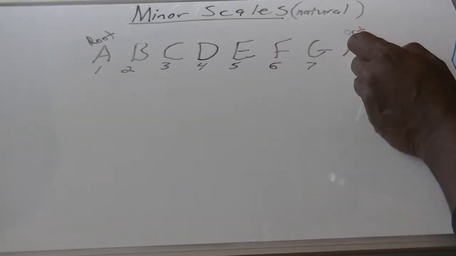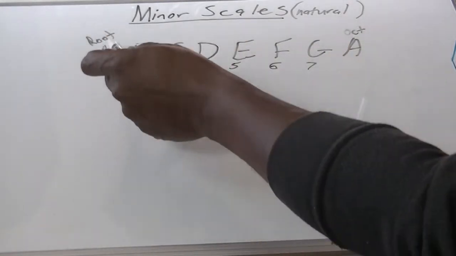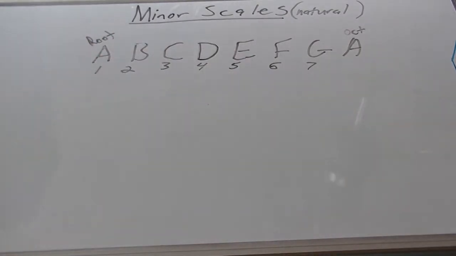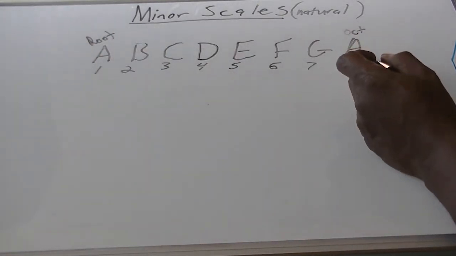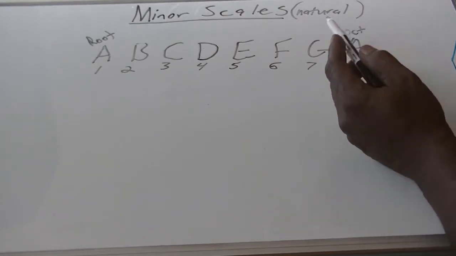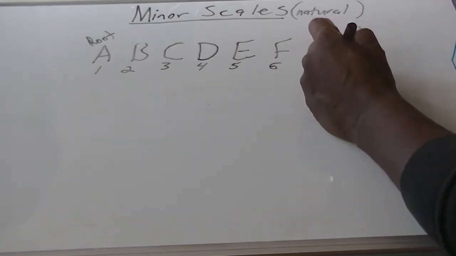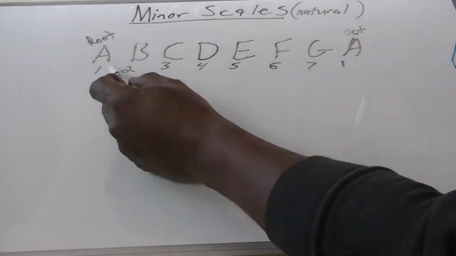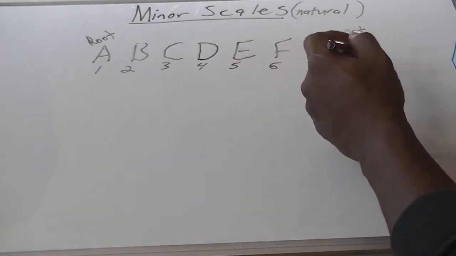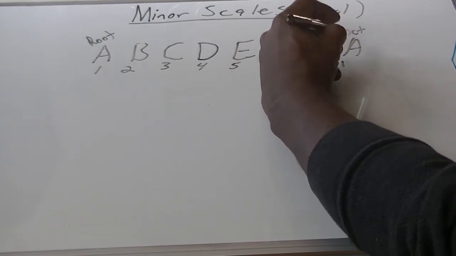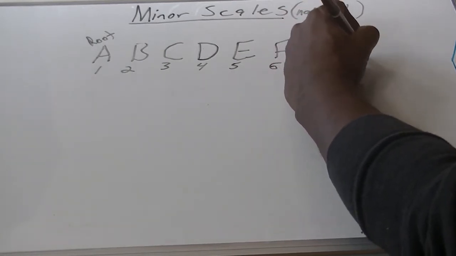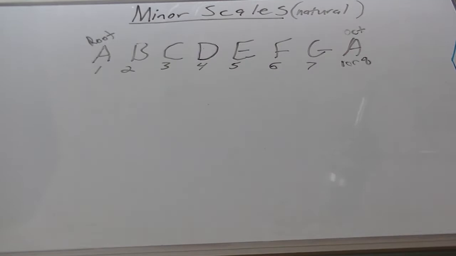But this note here is an octave higher than this A that I'm calling the root note. This note A is the same as the root note, so we could use the number 1 to indicate it, but it's also the 8th note in our scale, so we could use the number 8 as well.